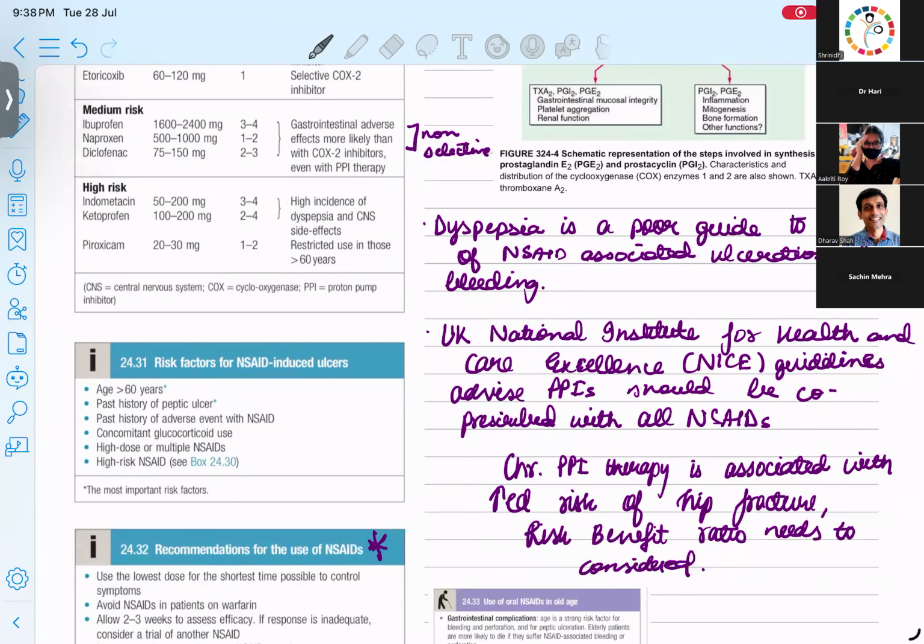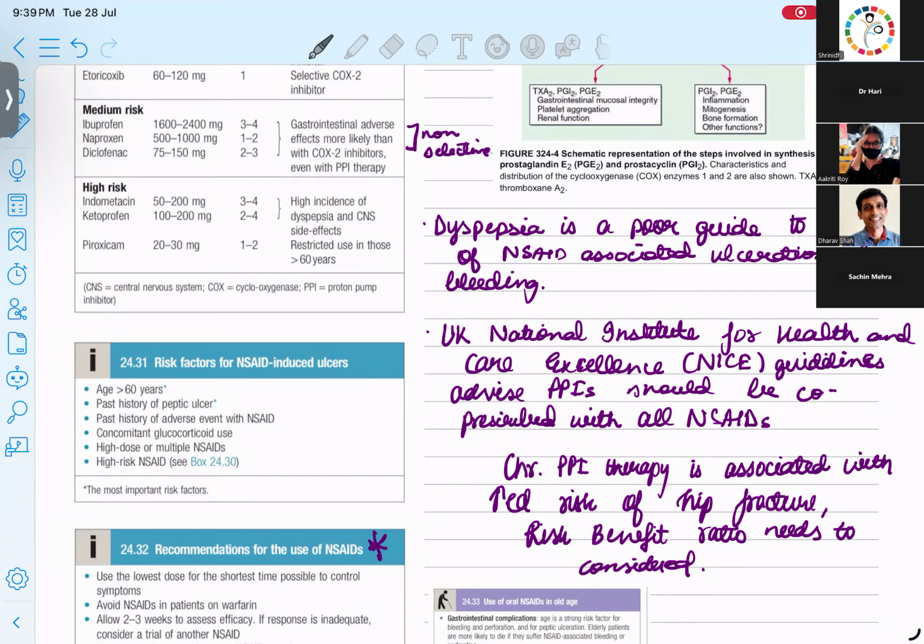Also understand that dyspepsia, which we studied in our first section, is a poor guide in the presence of NSAID associated ulceration and bleeding. So the patient may not complain of dyspepsia at all, and presents with different complaints altogether.